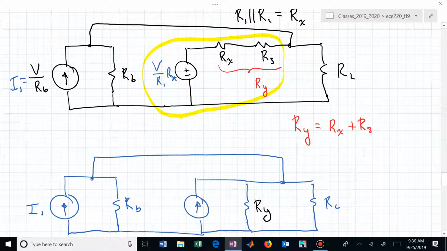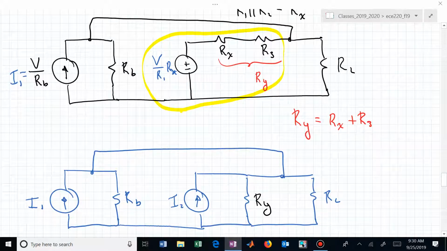What's going to be that current source? Let's call it I sub 2. And what does I sub 2 actually equal?